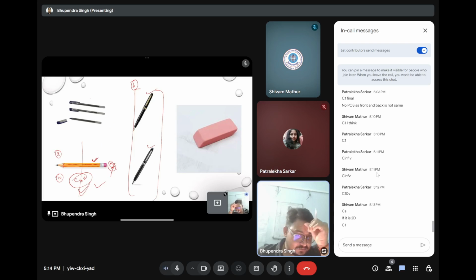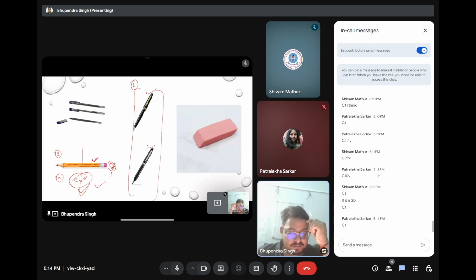So if it is a pen, it should be 3D. Then CS? Yes, the point group of this is CS. C1, sorry, C1. The point group of these pens.